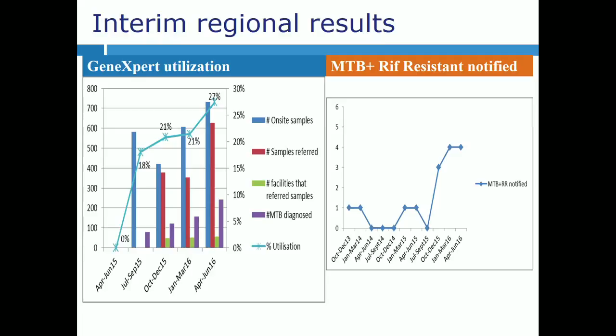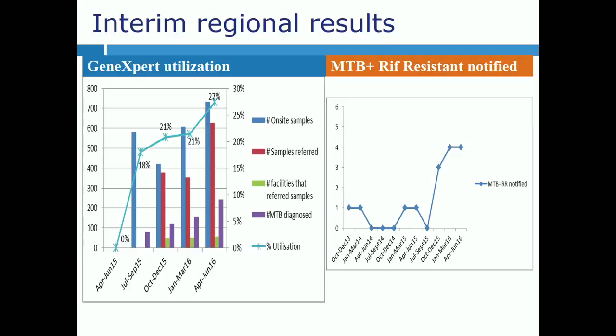You have to add the blue and red bar, but we were also able to pick those which are resistant, and the DSTB, the drug susceptible TB cases. We are also reading the facilities that are contributing: it was not only from the 5 sites, but other sites from the region that were sending samples to access the Gene Expert. And you can see over time, the utilization is increasing.